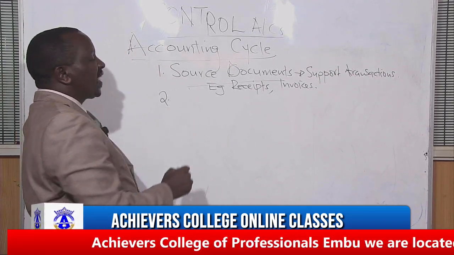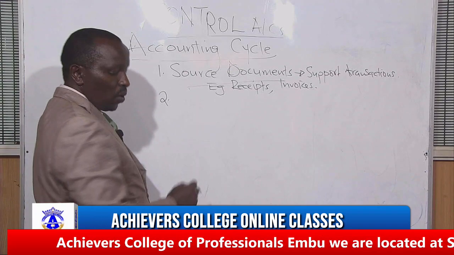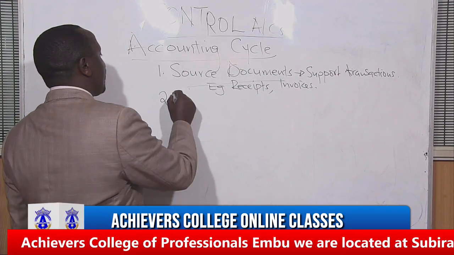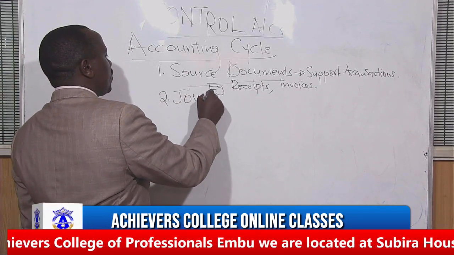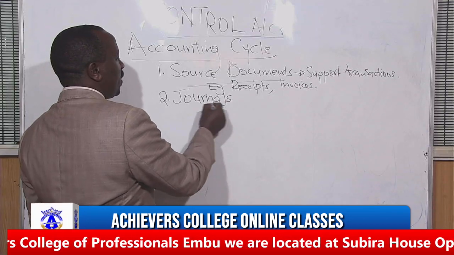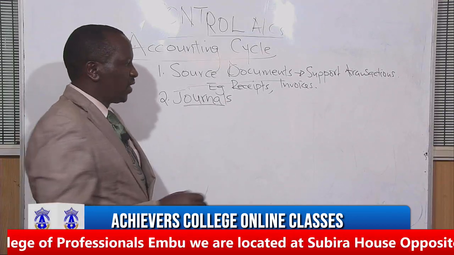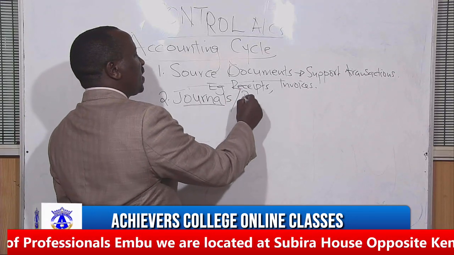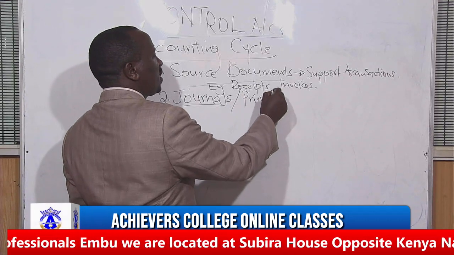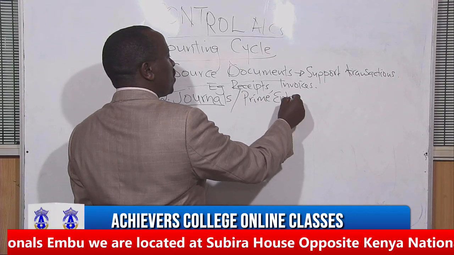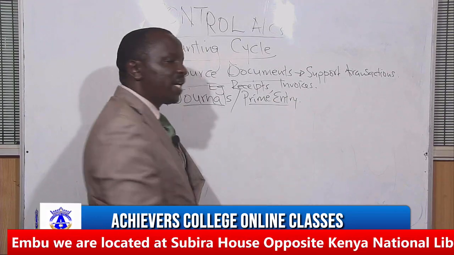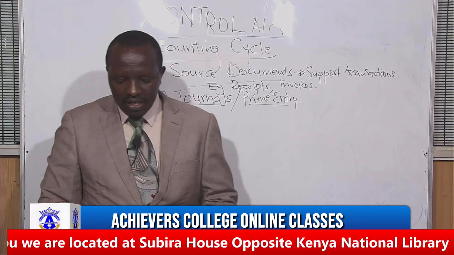Now, the second step in the accounting cycle is what we call the journals. Journals simply means the prime entry books, or books of original entry.